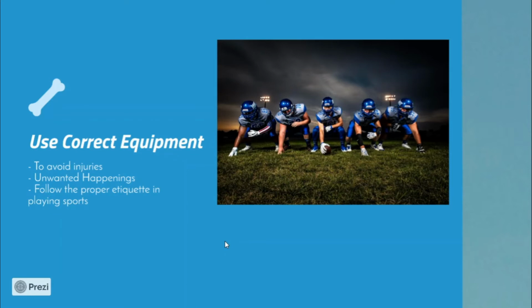You are not allowed to play if you are not wearing the proper sports attire. For example, in basketball, you are not allowed to enter the court without a uniform. That is what we call etiquette in playing sports.